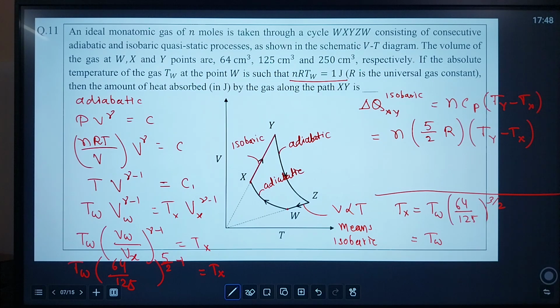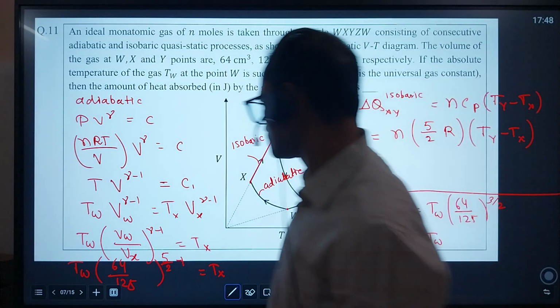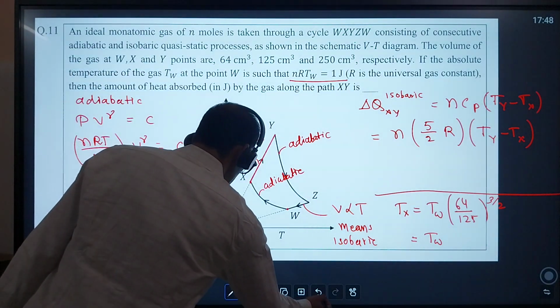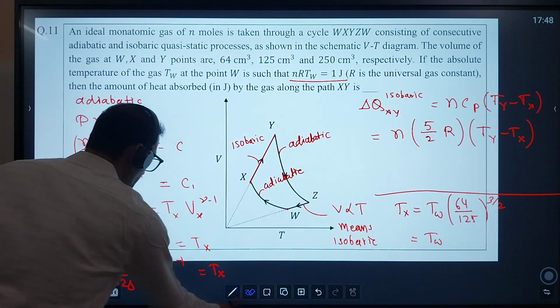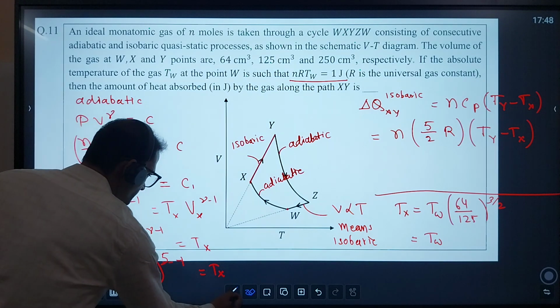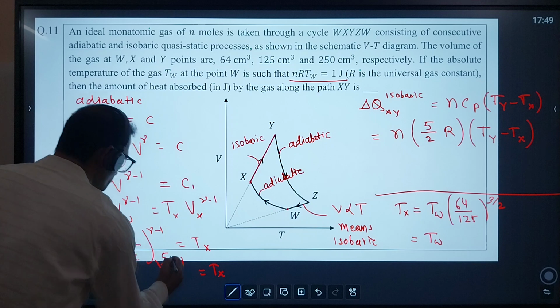Oh wait, sorry, we are making a mistake here. Gamma is not 5 by 2, it is 5 by 3.